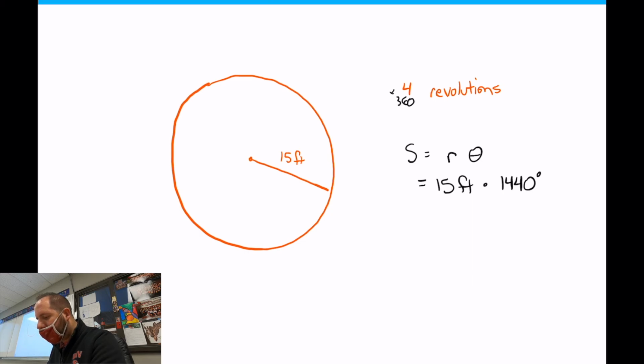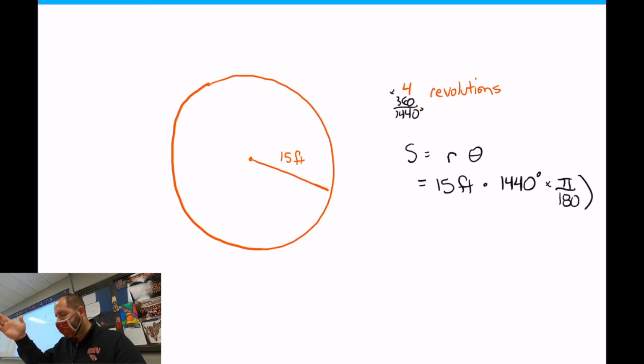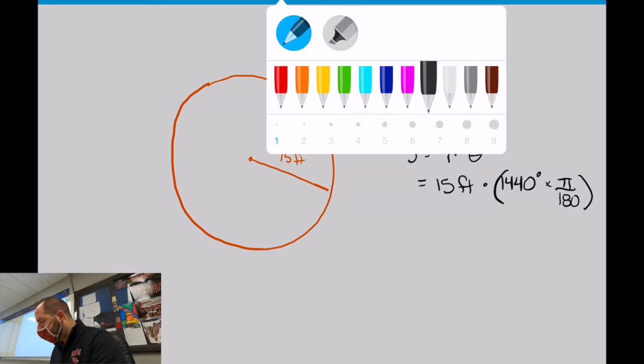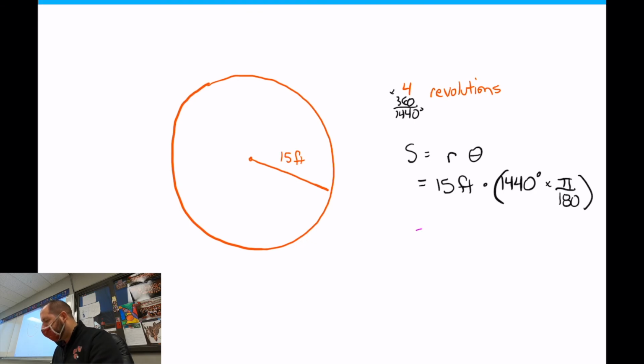So that's my angle in terms of degrees. I have to take that times pi divided by 180, and this will convert it to radians, and then I can figure out the distance I actually travel along a circular path. So the distance I traveled, 15 times 1440 times pi divided by 180.